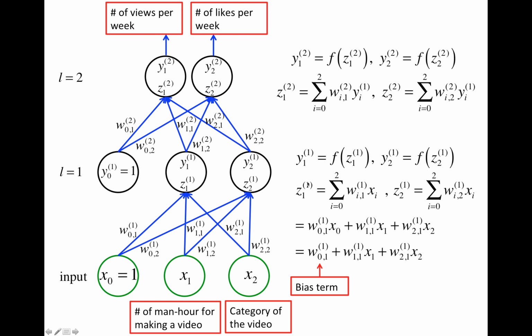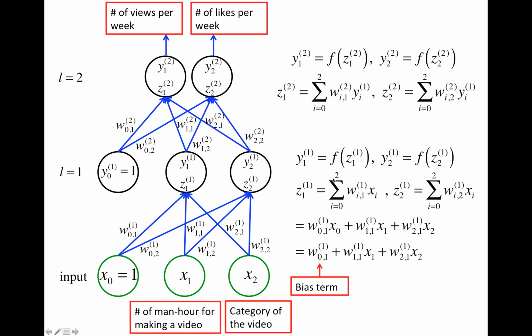So z11 is just a summation over i goes from 0 to 2 of w_i1 x_i.